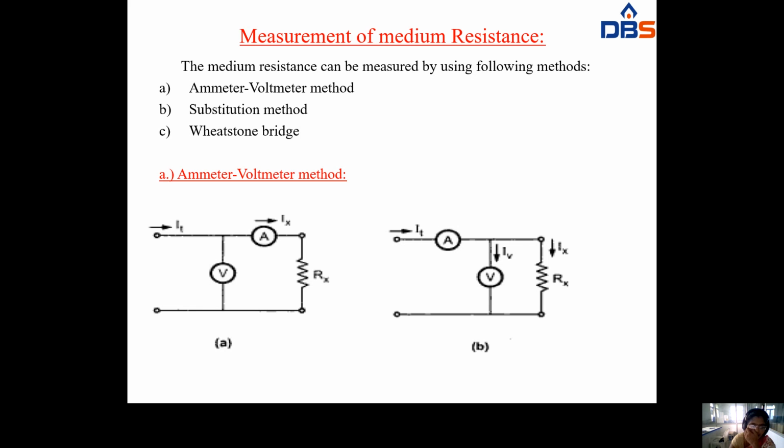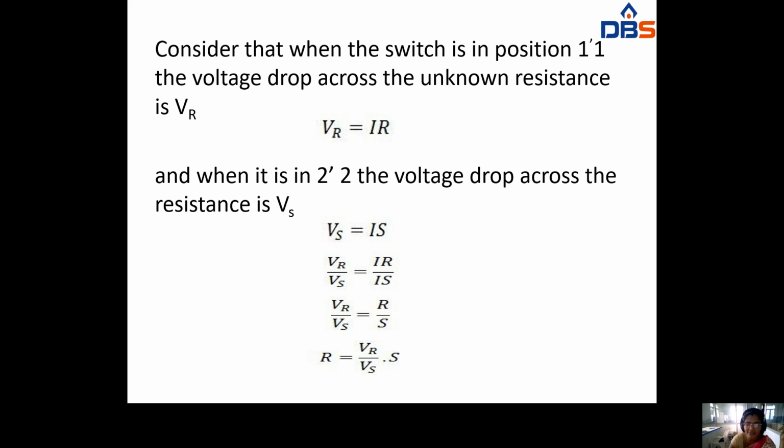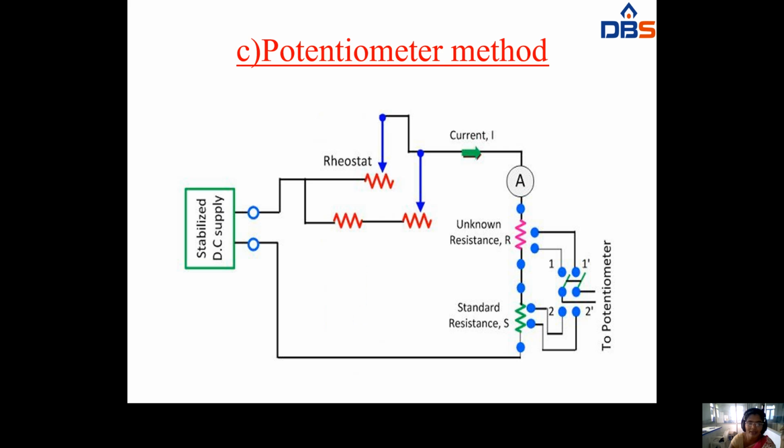These were all discussed earlier: the ammeter voltmeter method and the substitution method are used to find out a medium resistance value. Now in this class we are discussing the Kelvin's double bridge and the resistance bridge, and one of the methods to find out the low resistance value, that is the potentiometer method.